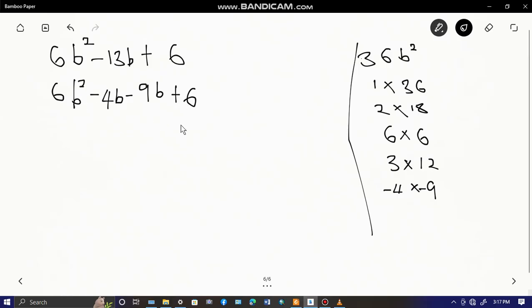We separate the middle term into two terms, which means negative 4 minus 9 is negative 13. Then you can proceed to factorize.